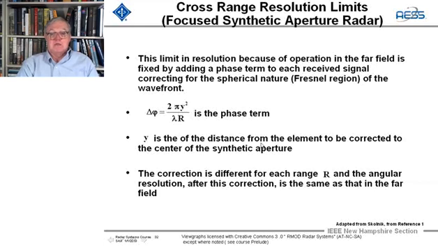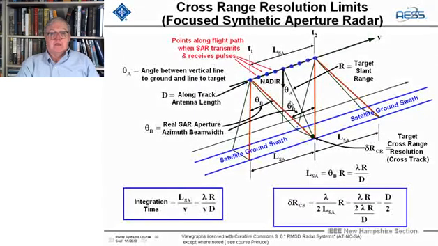And y is the distance from the element to be corrected away from the center of the synthetic aperture path, that minimum r. Okay, so we have to add a phase term, and the correction is different for each range, and the angular resolution after this correction is the same as that in the far field. So that helps us with our resolution.